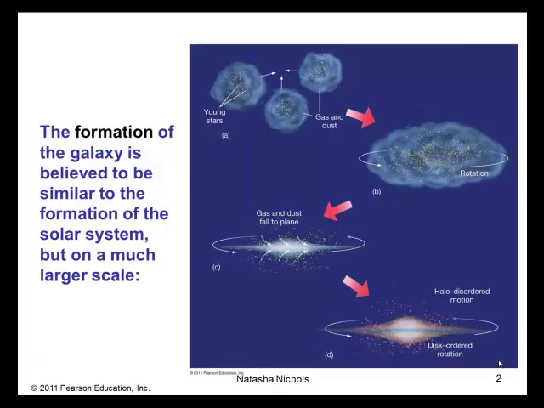The formation of the galaxy is currently believed to be similar to the formation of the solar system, but on a much larger scale. In frame A here, we see how our galaxy possibly formed through the merger of several smaller systems.